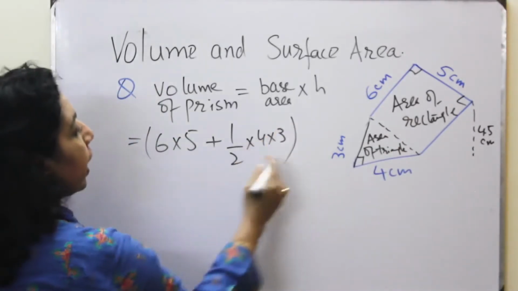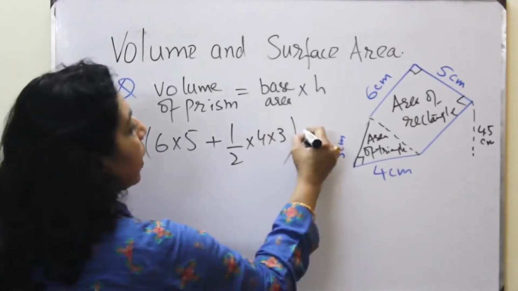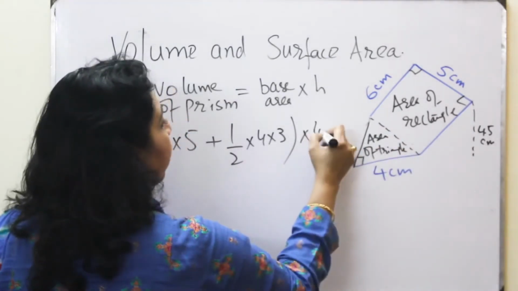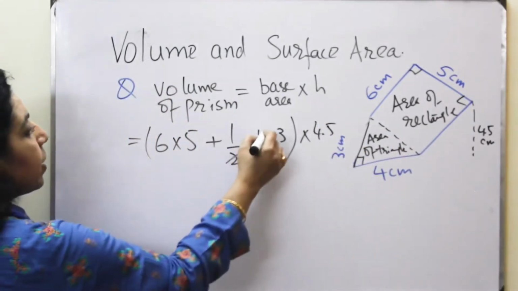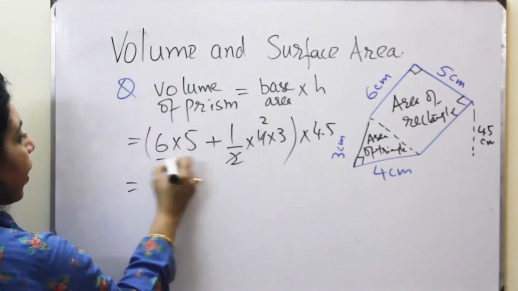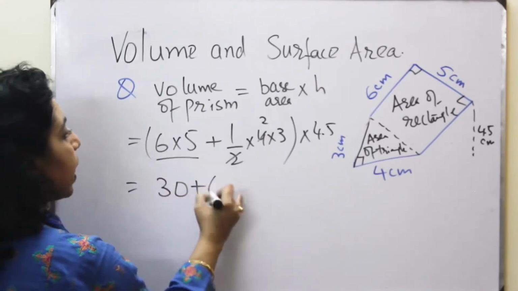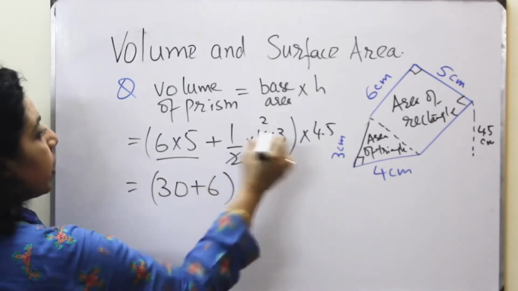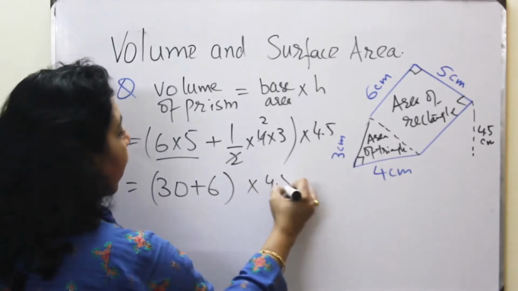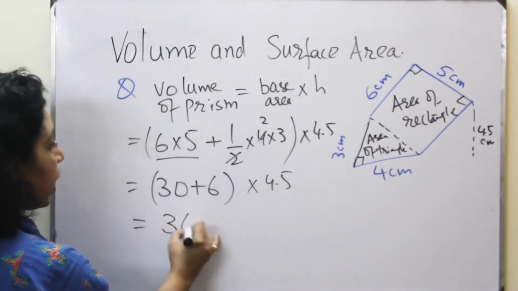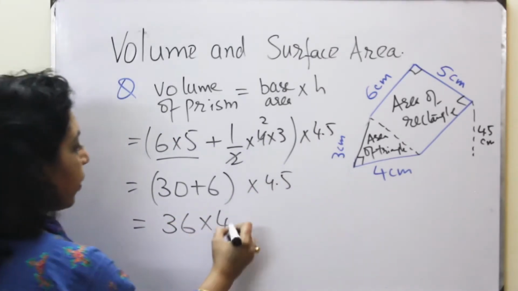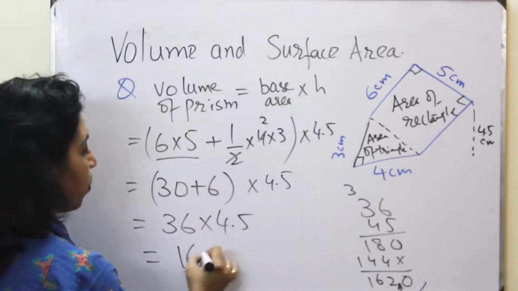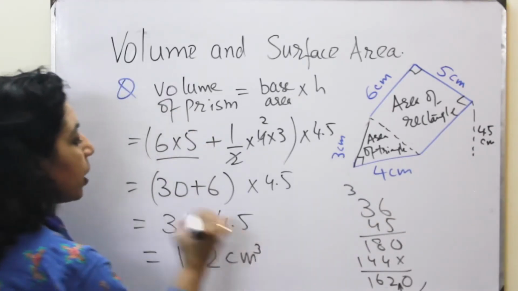So this is the area of the triangle along with the height of the prism, that is 4.5. I can cancel this 2 with 2. This is 6 5 times 30 along with 6. This is 36 multiplied by 4.5, and volume equals 162 centimeter cube.